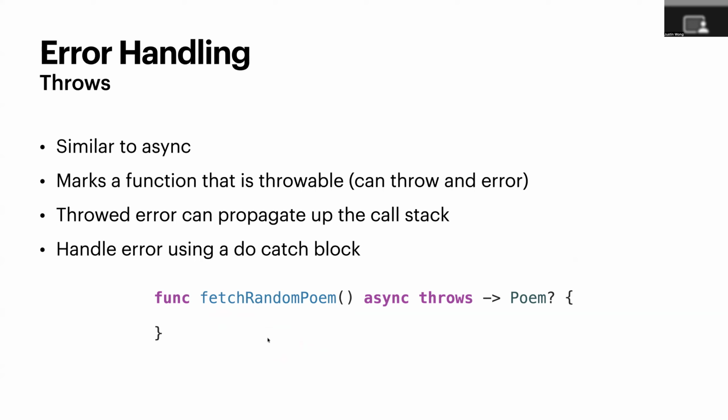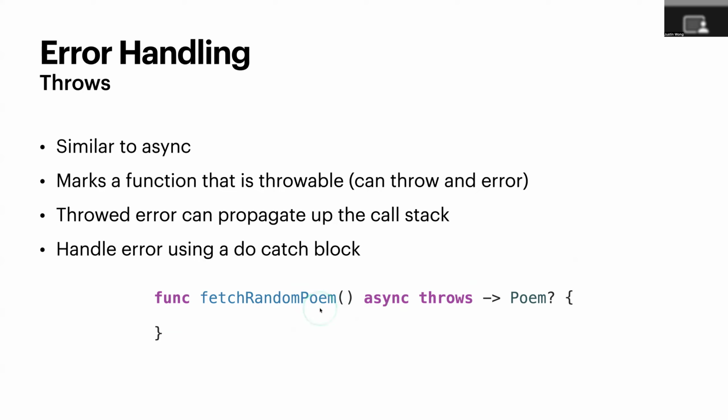URLSession.shared.data will throw an error, and it will throw it back up the call stack. So who called URLSession.shared.data? Fetch random poem. So the error is propagated back to fetch random poem. And since fetch random poem is throwable, it will propagate that error back up to whoever called fetch random poem.